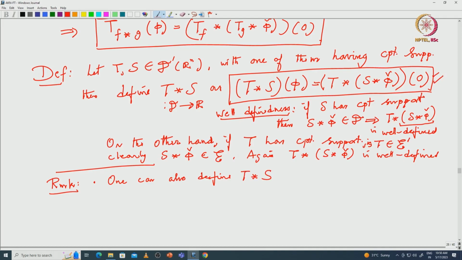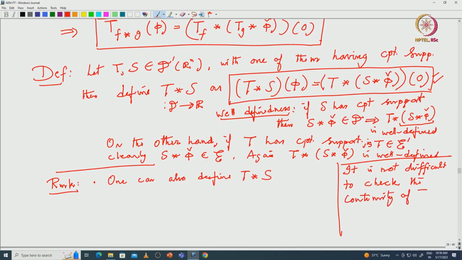It is not difficult to check the continuity of T star of S. So, this I will leave it as a trivial thing, because you have to prove that if phi n converges to 0 in D, show that T star of S of phi n converges.